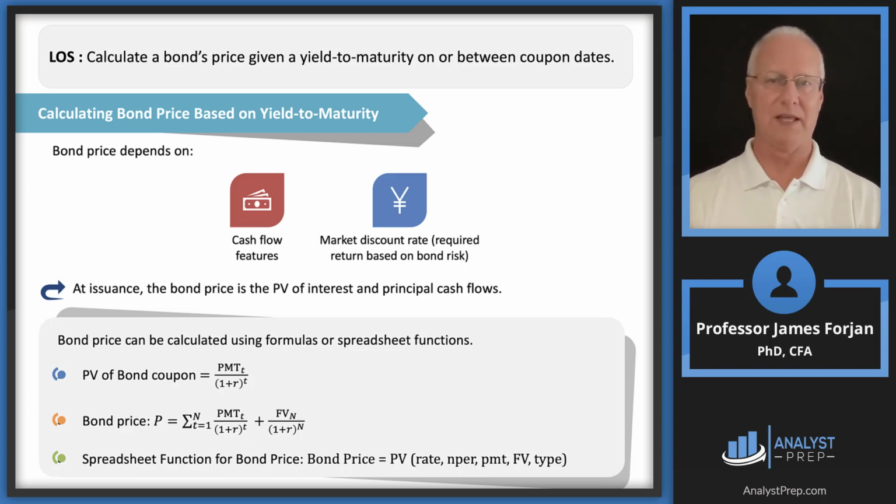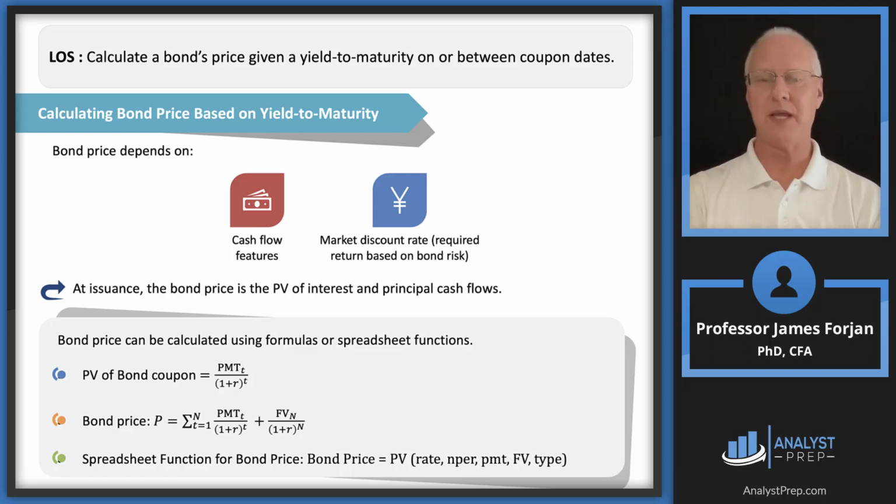Now, one of the fascinating things about this reading is that at least parts of it could have been written maybe in the 13 or 1400s, way back before we had financial calculators, way back before we had time value of money tables. So I want you to look at that gray box down there. The present value of a bond is equal to the present value of the coupon payments.